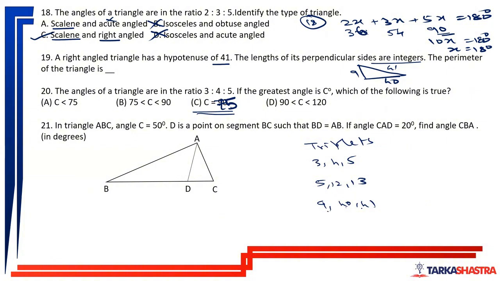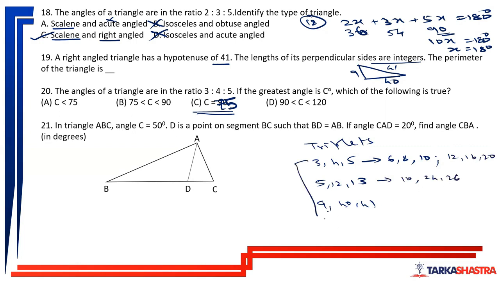So the motive behind this question was to explain to you the Pythagorean triplets. So these are the Pythagorean triplets. Multiples of this, like 3, 4, and 5, multiplied will be 6, 8, and 10. This is also a Pythagorean triplet. One more multiple if you want to see, 12, 16, and 20 is also a Pythagorean triplet. Here, if you want to see, 10, 24, and 26 is a Pythagorean triplet.